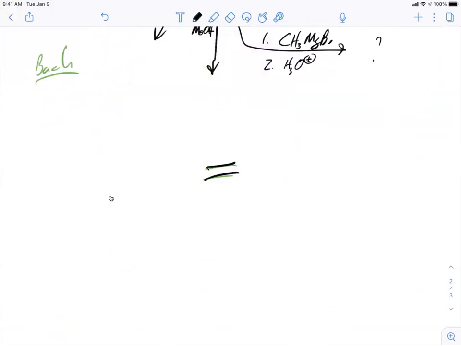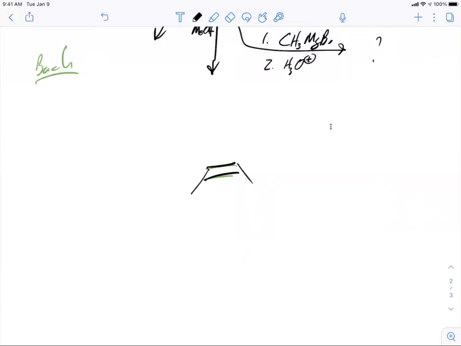So if we go and look at the addition to alkenes, the review of reactions, again, it's in your textbook if you want to go back and look at these, but it's good to review this and think about this in this kind of circular form. So we can take this double bond, and I'll do something like this.